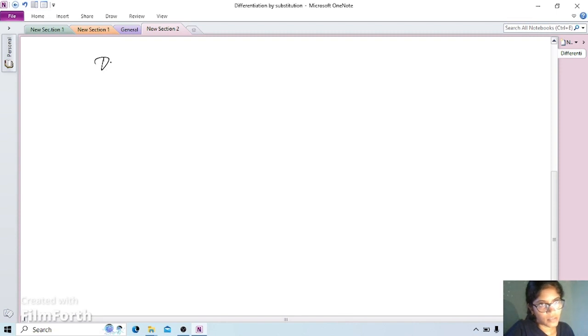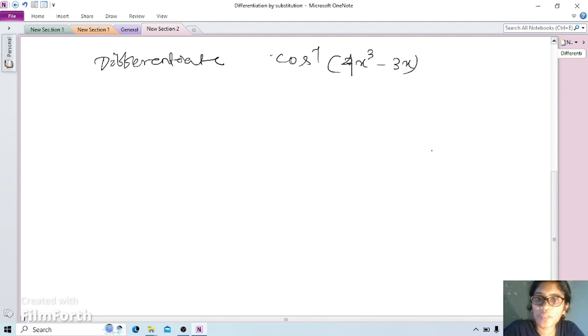Differentiate cos inverse of 4x cube minus 3x. Listen, we know the formula cos 3x is equal to 4 cos cube x minus 3 cos x.